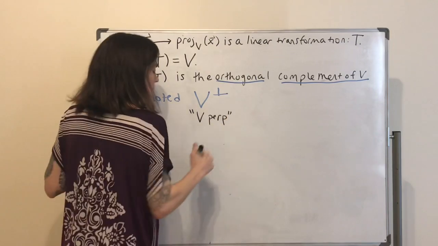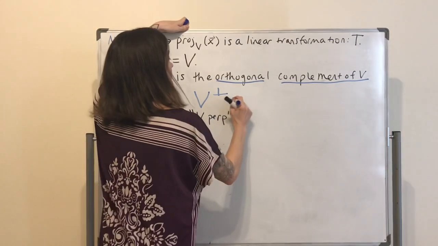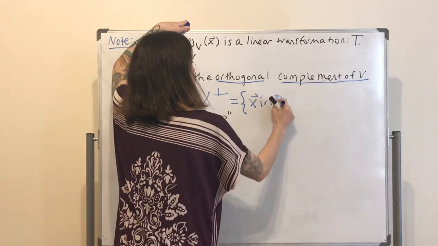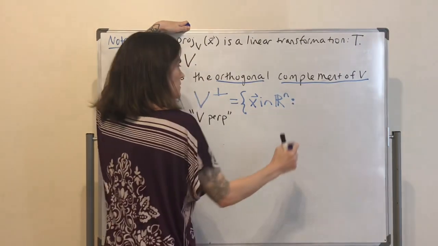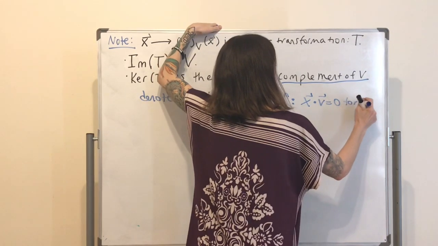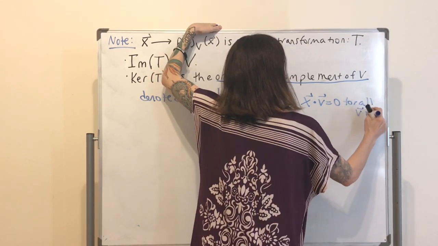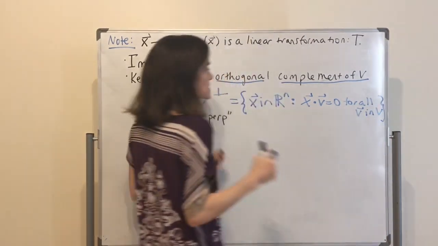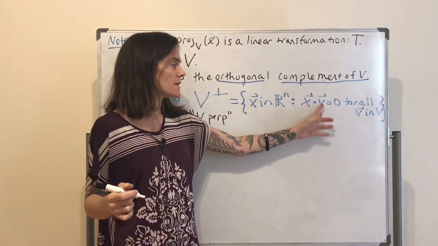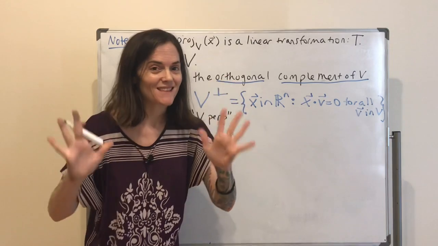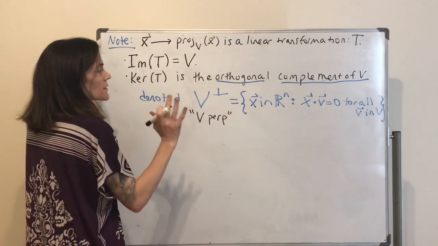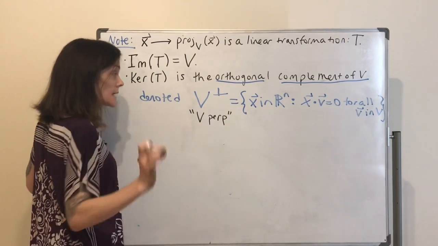And if we want to write this as a set, this is the set of all x in Rn such that x dot v is 0 for all v in V. But just as we discussed, it's also equivalent to say that x dot v is 0 for all v in a basis of V. But this is what the orthogonal complement of a subspace is.